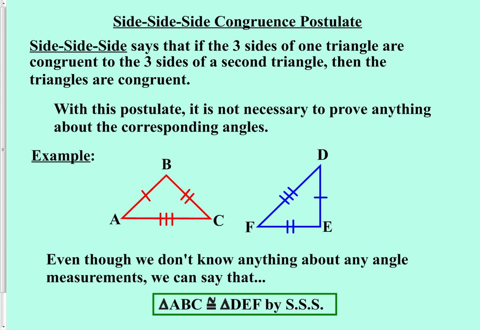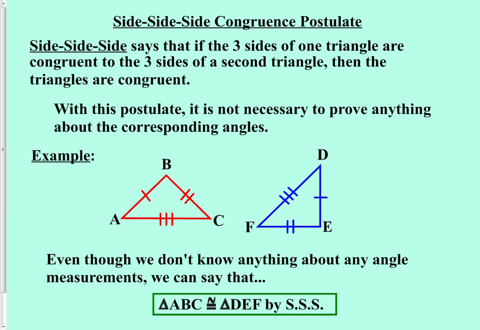This one basically says that if you have all three sets of corresponding sides congruent from one figure to another, you don't actually have to prove anything about the angles in the triangles. Having the three sets of sides would be enough, and you could establish that two triangles are congruent by side, side, side.